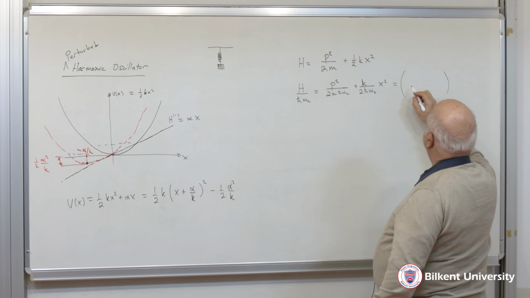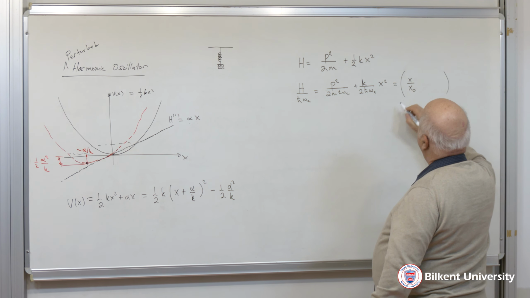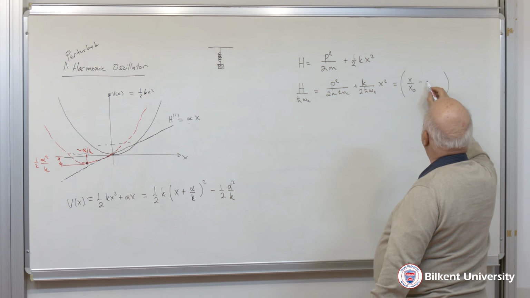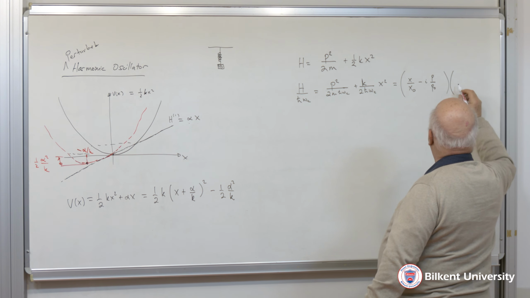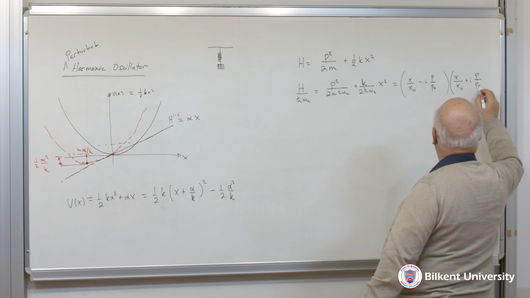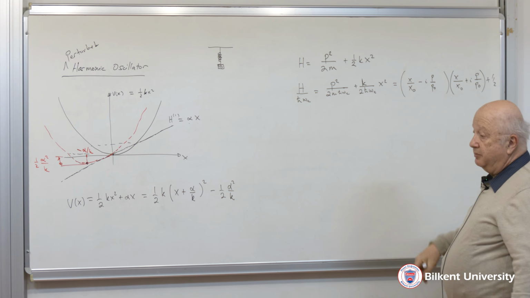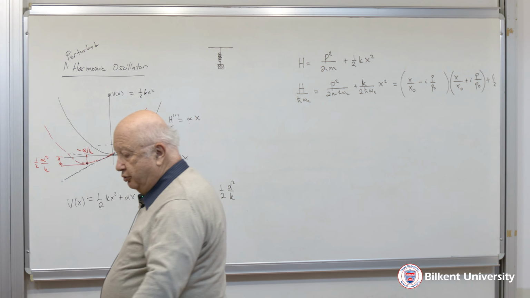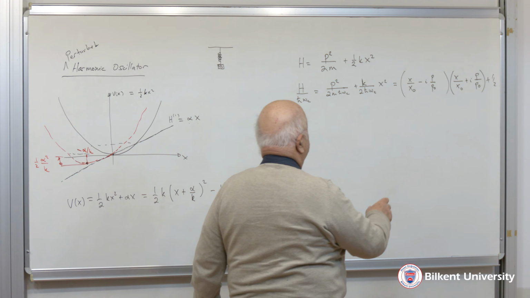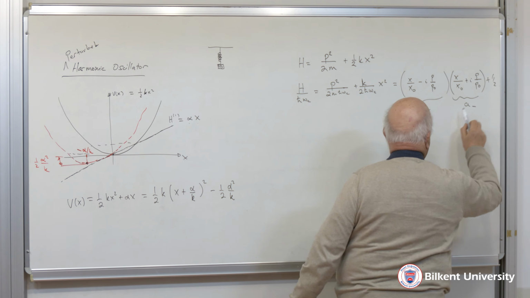I write this as some x over x0, a plus a minus, so it's minus i p over p0, and x over x0 plus i p over p0, right? That's the factorization. Then there's a plus 1/2, which comes in because these things do not commute. And this thing we call a plus, and this thing we call a minus.